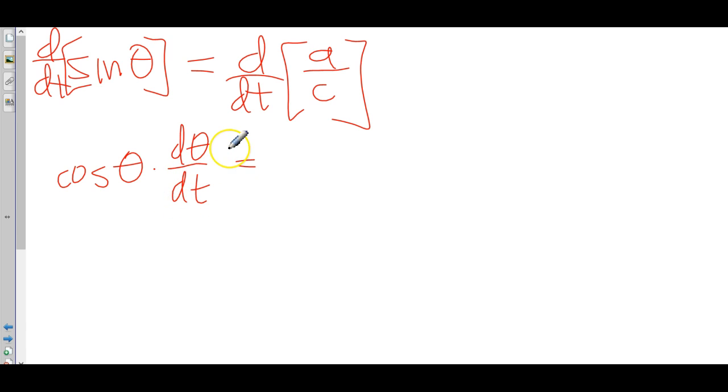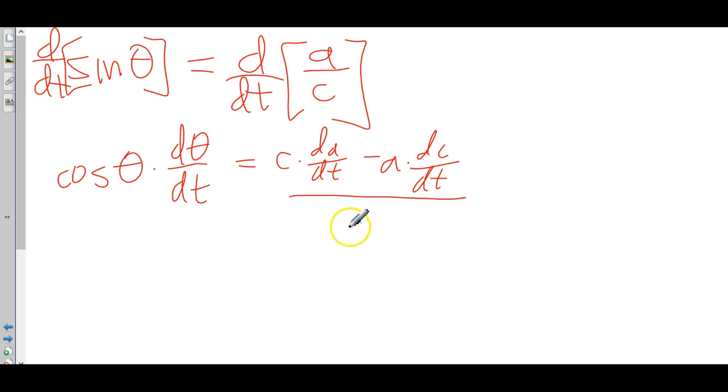And then that's equal to this guy right here. I'll need the quotient rule. So low d high, that'll be C times dA dt, minus high d low, so that'll be A times dC dt, all over low C squared. Okay, so there's the setup.